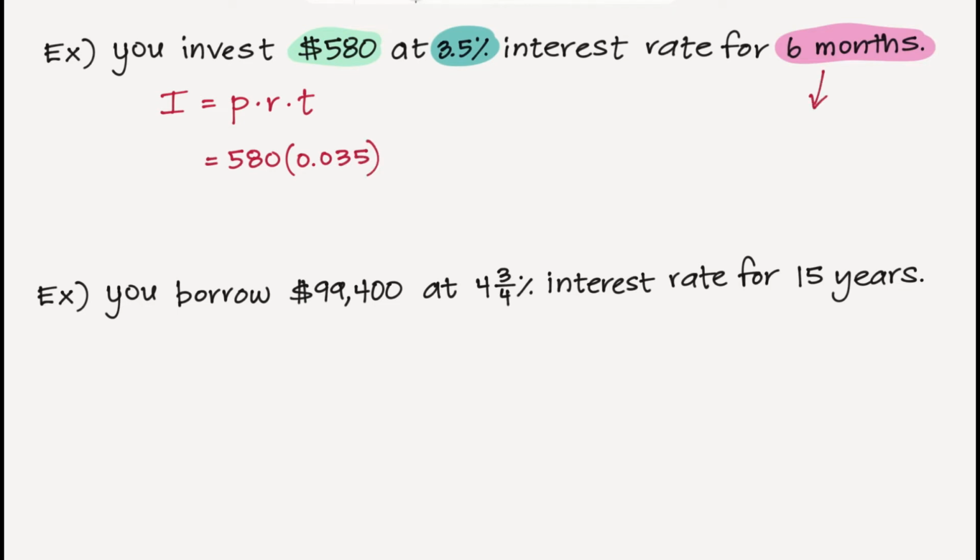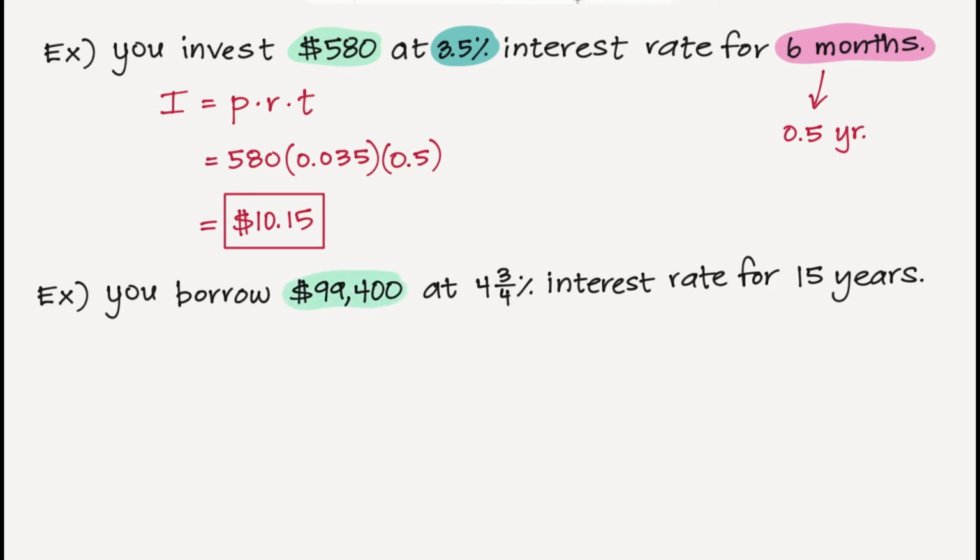But since it's 6 months, I need to convert that into years, which is half of a year. So I'm going to multiply this by 0.5. Make sure that you do that. So when I put this into my calculator, this time, just investing for 6 months or half a year, I have earned $10.15 in interest.